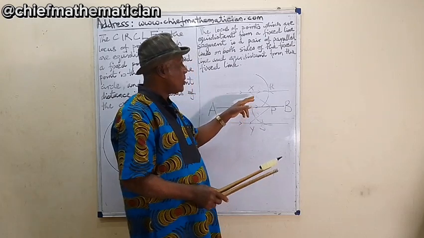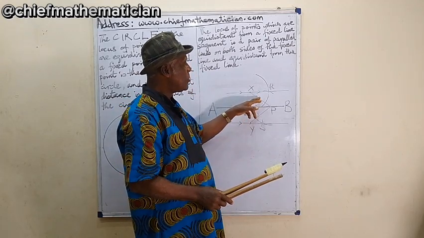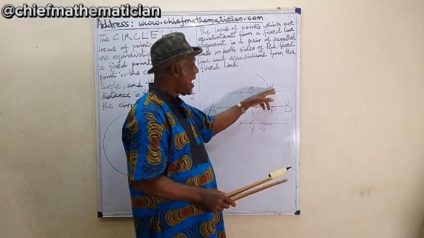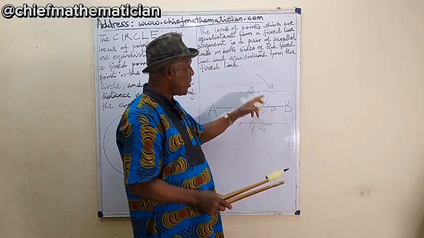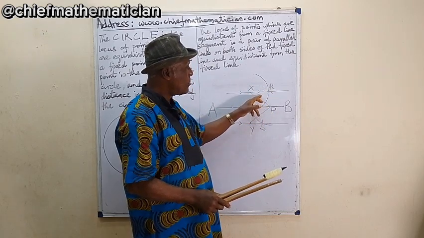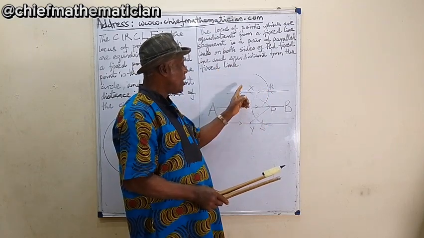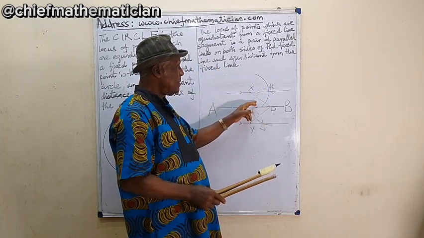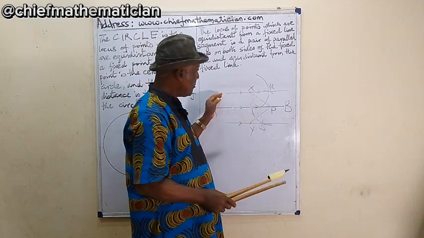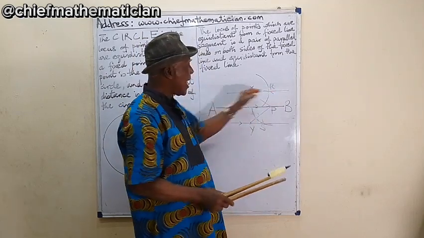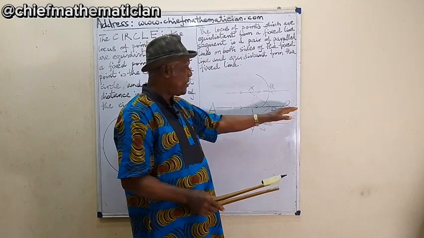Please take note. You have been able to construct angle RXP, or PXR, equal and alternate to angle XPA. By so doing, you can see that XR is parallel to AB.